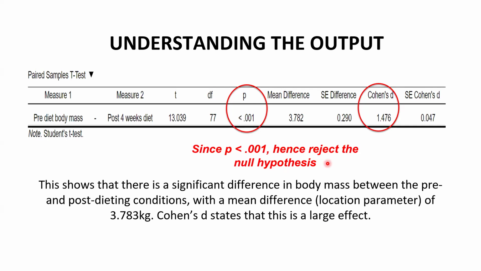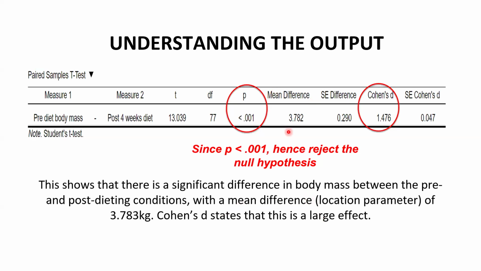Rejecting the null hypothesis means we're going to utilize the alternative hypothesis, which indicates that there is a significant difference. So this shows that there is a significant difference in body mass between the pre and post dieting conditions, with the mean difference.